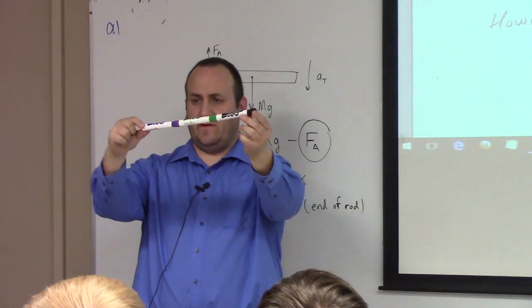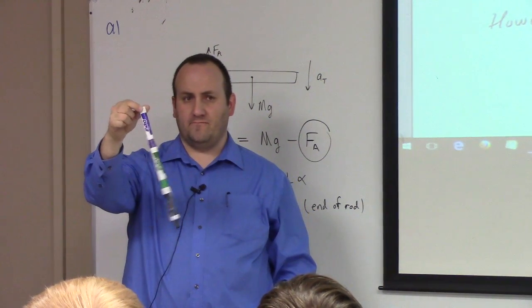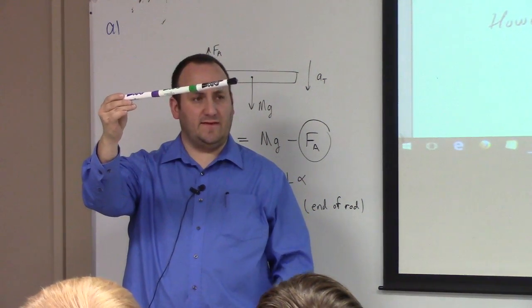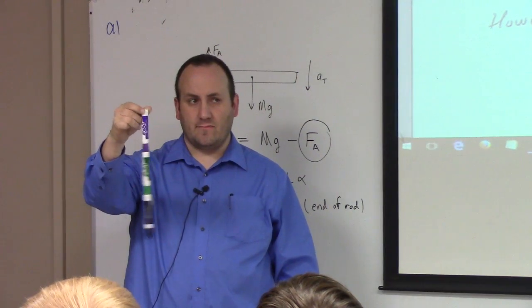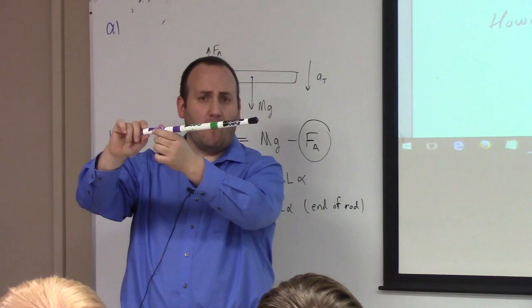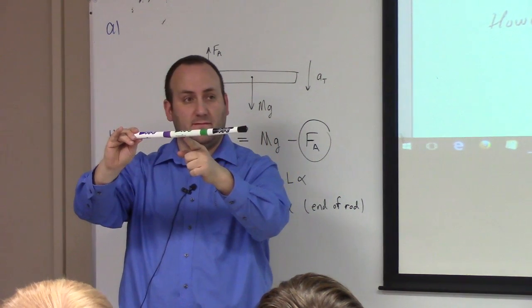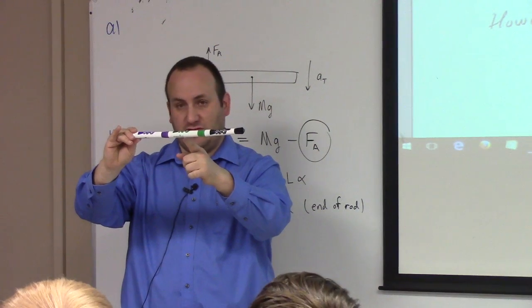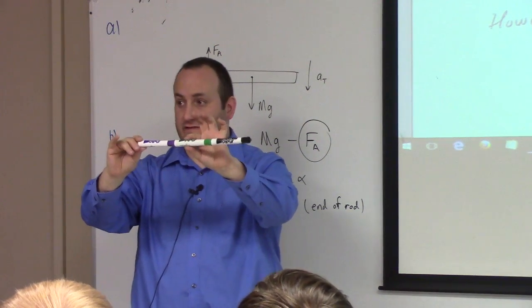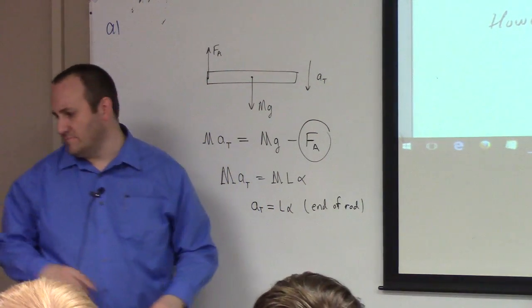The tangential acceleration is different at different points as I let it go. First of all, the point where it's pivoting has 0 tangential acceleration. The point out here has much more. The point in the middle has half. So the question's ambiguous unless I said which point I am considering to find the tangential acceleration. Did I say that?